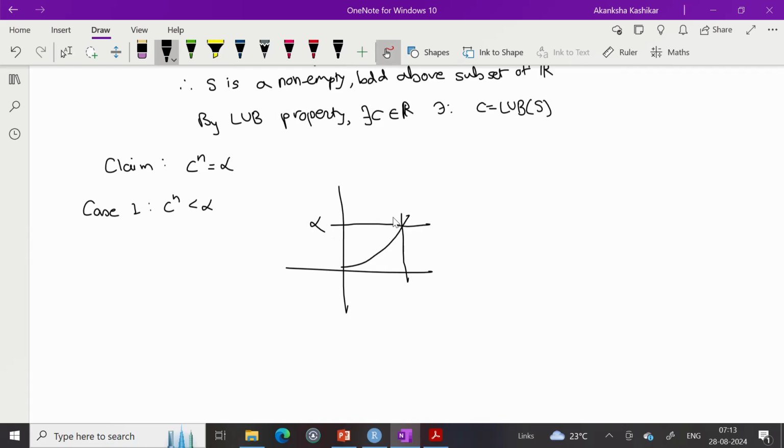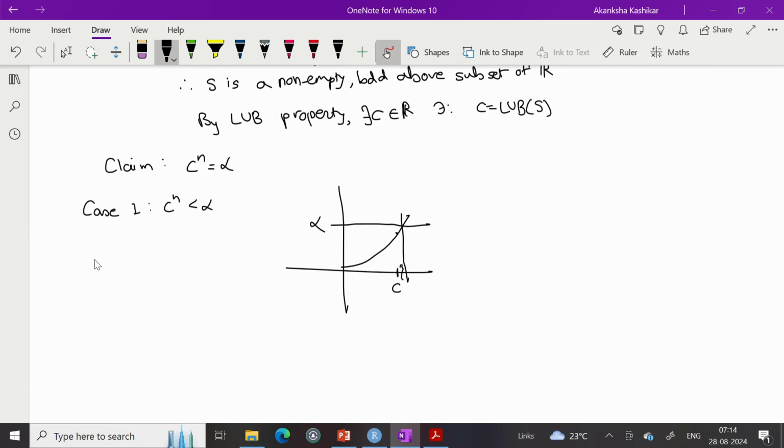So this is alpha. So if C raised to n is less than alpha, means if C is somewhere here, because C raised to n is then less than alpha, then between C and this point I can always find something else which has nth power less than alpha.